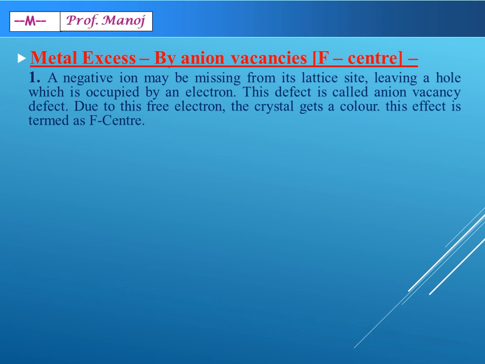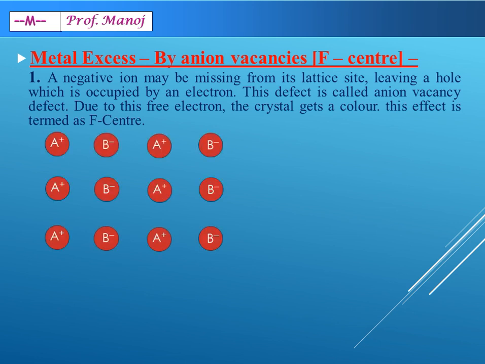So once again, imagine a negative ion is missing and it's getting replaced by a negatively charged particle, an electron. This is called anion vacancy. Due to this free electron, the crystal acquires color, and that's why this effect is termed in German as F center, where F stands for Farbe, which is a German word for color.